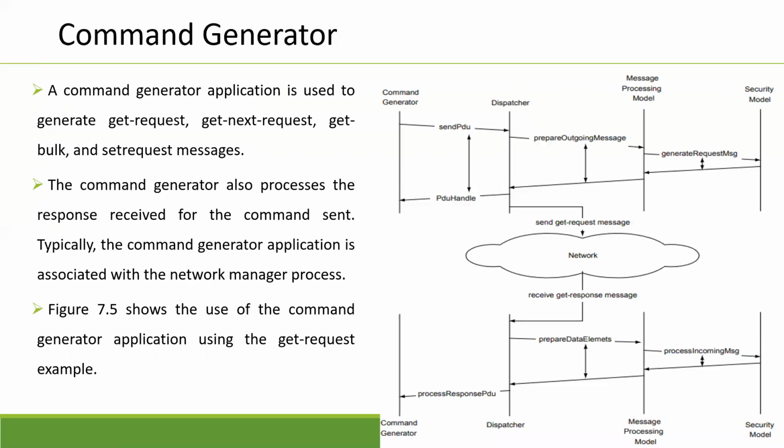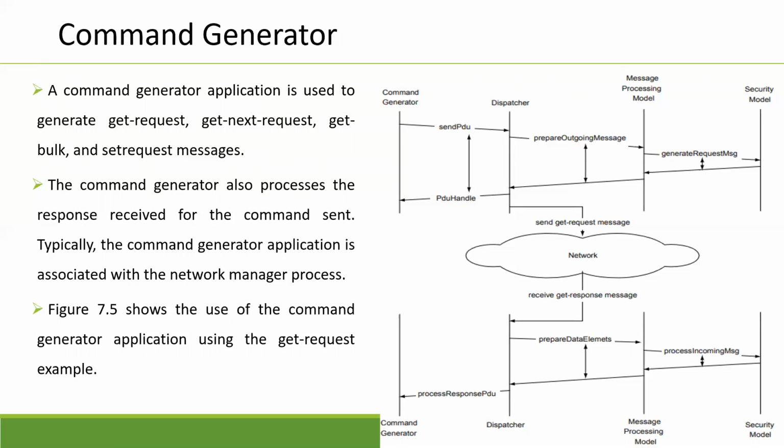Command generator, the first one, under the heading of application. It presents the role of the command generator when the get response message is received from the remote entity. The dispatcher service receives the message from the network and requests PDU to prepare data elements. From the diagram, you can understand that the security model validates the authenticity and privacy parameters.